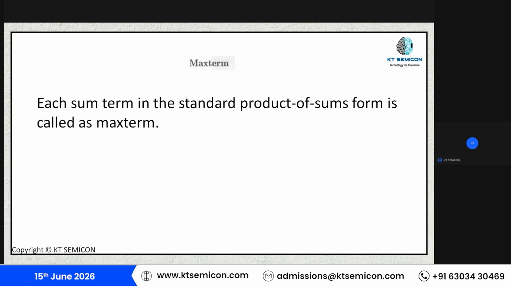Next, we have something known as a max term. Now, what do you mean by a max term? Here, each term in the standard POS form of representation is known as a max term.